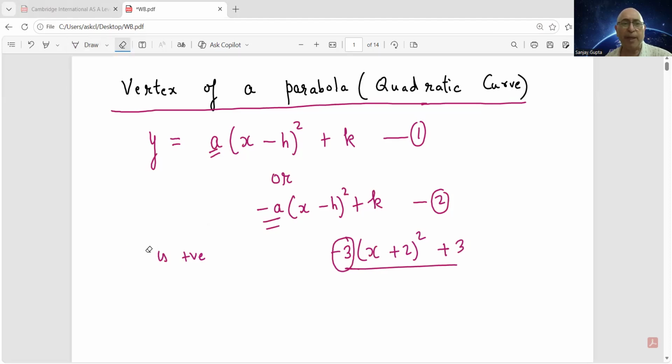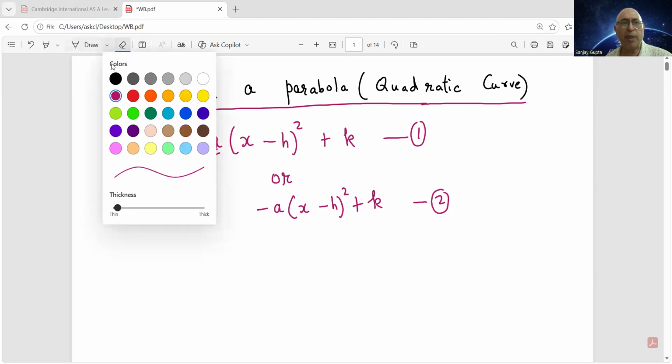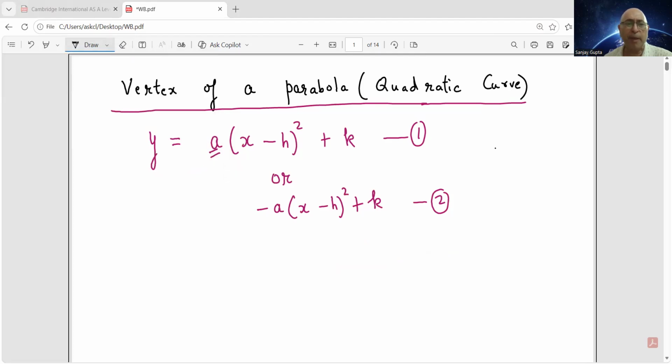I will be very clearly differentiating between the two and then tell you how to look at the vertex from this. Now, if this is the form, either the first or the second, the vertex of the parabola is given by h comma k. You have to remember that we have to have x minus h, please, plus k. Or here also you can see it is minus h plus k.